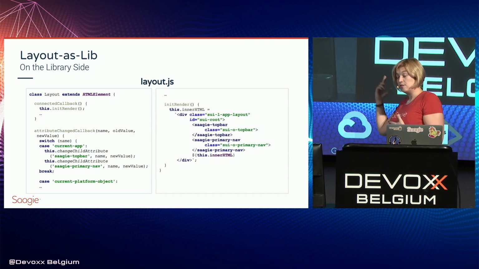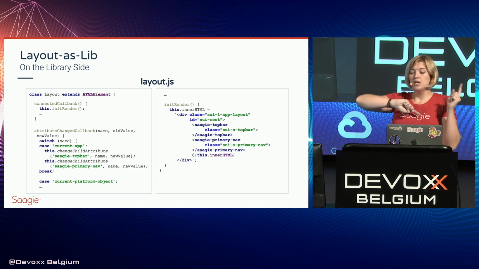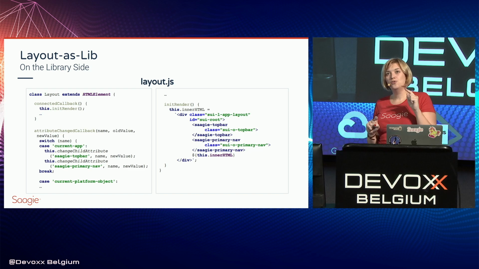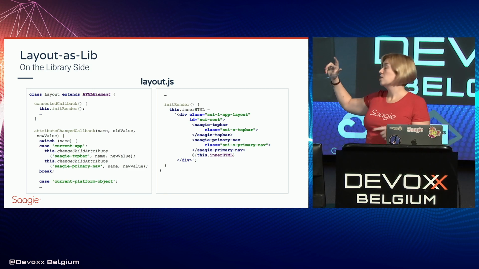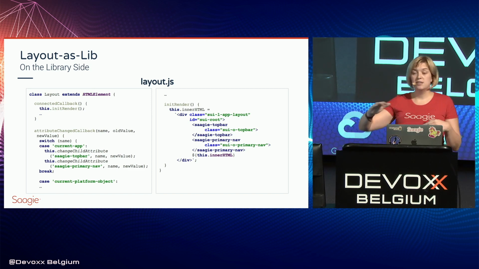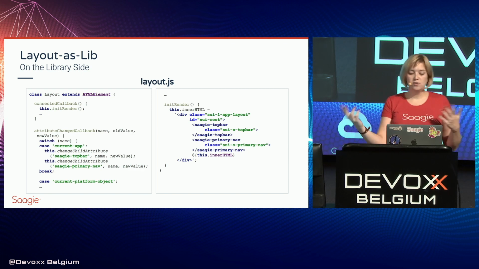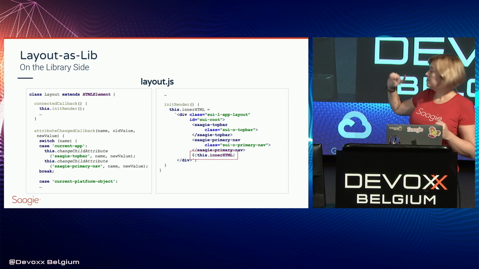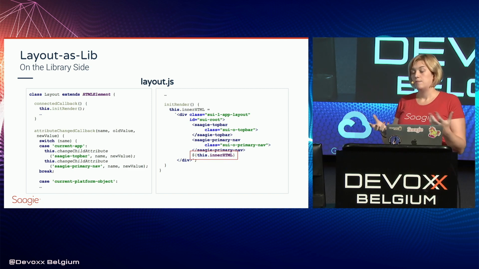As you have probably noticed, we get an initRender method and not a render method. The reason why is because we don't want this method to be called twice. So this method, like we've seen in the layout application, is declaring its markup. So it's declaring the primary nav and the Saagie top bar and the user account menu, etc. But this time, you get this inner HTML variable.